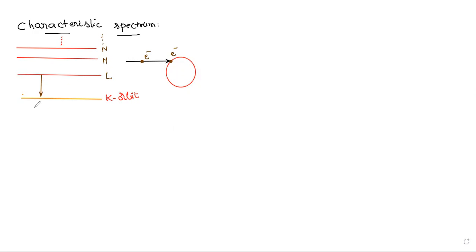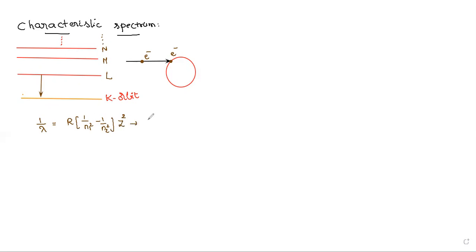Then the energy difference, all of you know, and the wavelength also you know: 1 by lambda is equal to R into, according to Bohr's theory, 1 by n1 square minus 1 by n2 square, into Z square.